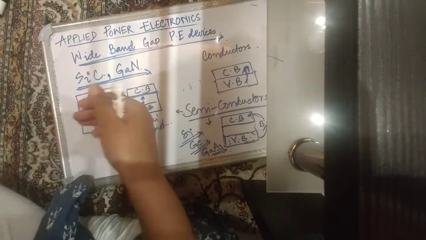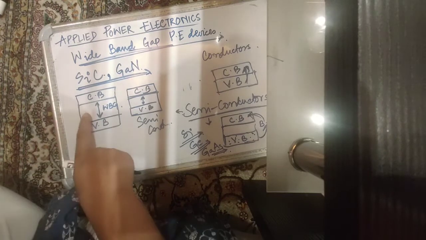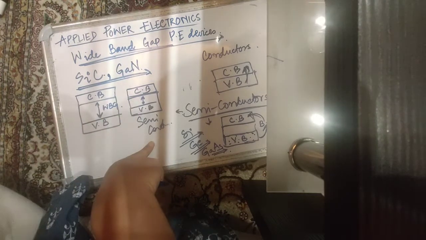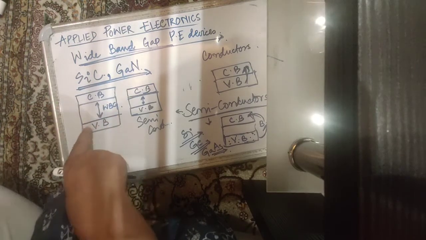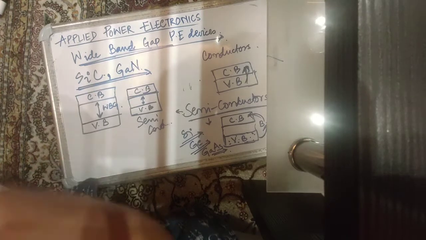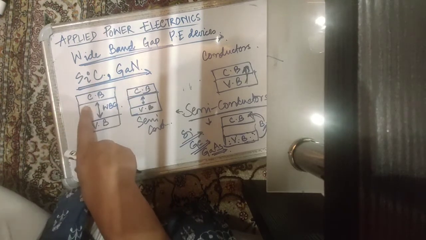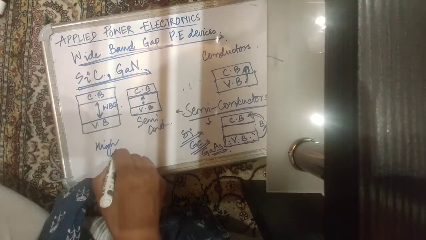On the contrary, wide bandgap devices need to absorb more energy. Their bandgap is much less as compared to insulators, but greater than that of conventional semiconductors, as a result of which they have to absorb more energy in order for the electrons to move from the valence band to the conduction band. In other words, we can say that these devices can tolerate higher magnitudes of electric fields.